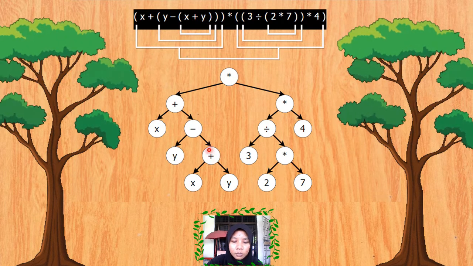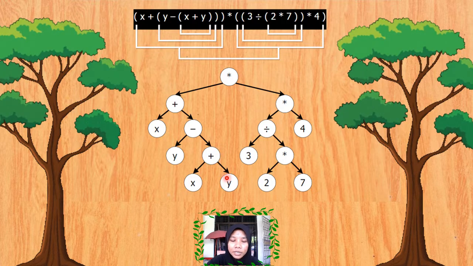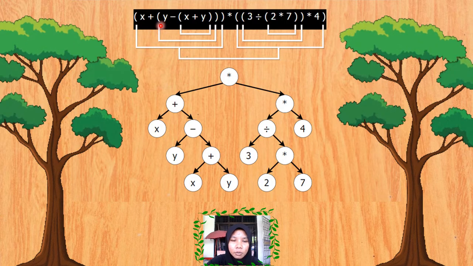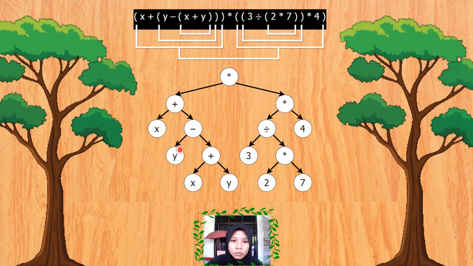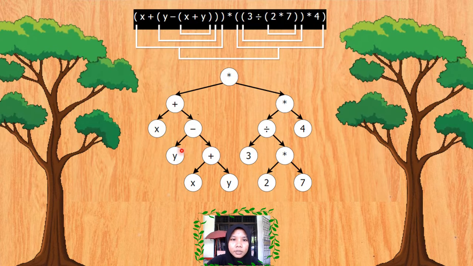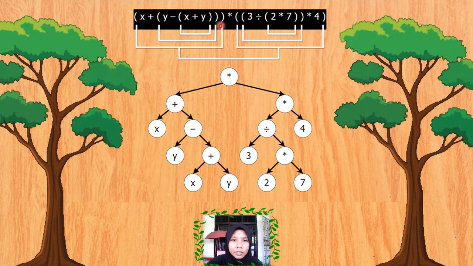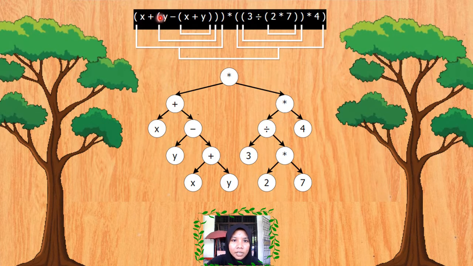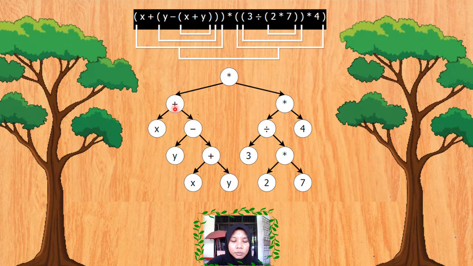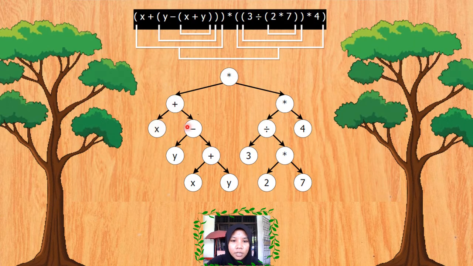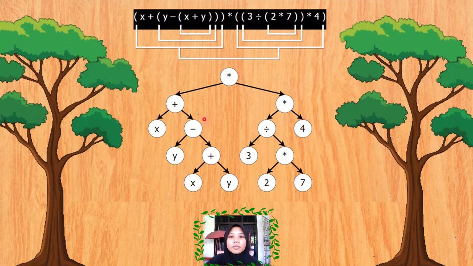So plus will be the root for x and y. And then we do this bracket, y minus this expression. So minus will be the root for y and this expression. And then we do the big bracket here, x plus these two expressions. So plus will be the root for x and this expression.